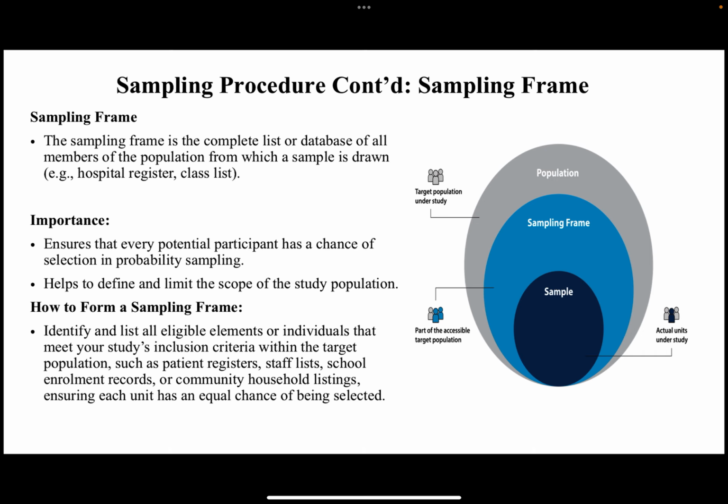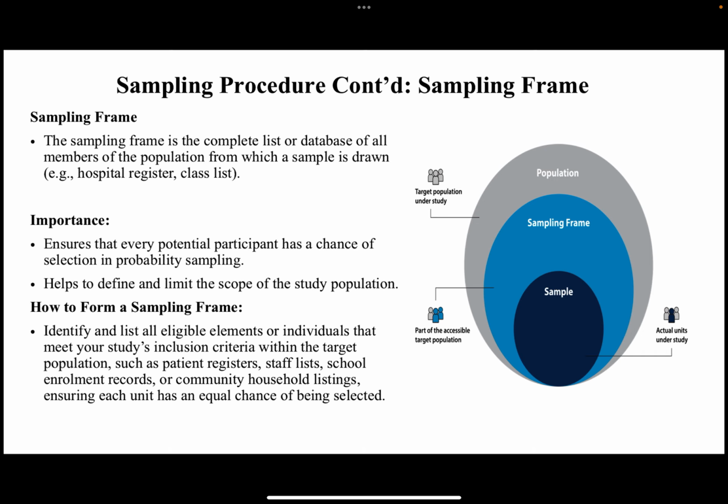After establishing your target population, you have to apply your inclusion and exclusion criteria, and that would help you to update the list before you get the sampling frame. And usually it's out of the sampling frame that you draw your sample from.